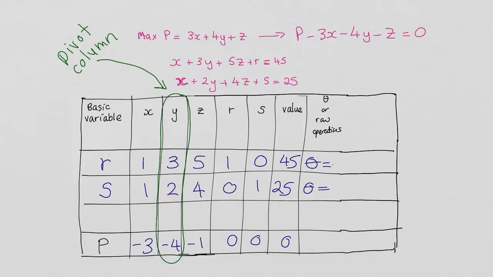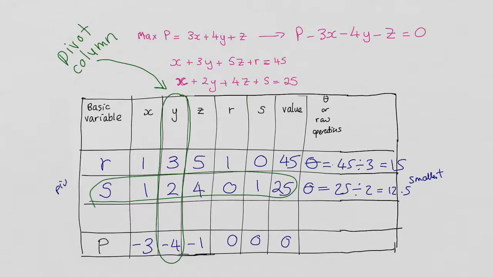So I've got theta equals 45 divided by 3. I've got 25 divided by 2, and you choose the smallest. It's got to be non-negative, but they're both non-negative. So we go for the smallest. That means I now have my pivot row. And that is actually called a pivot element.